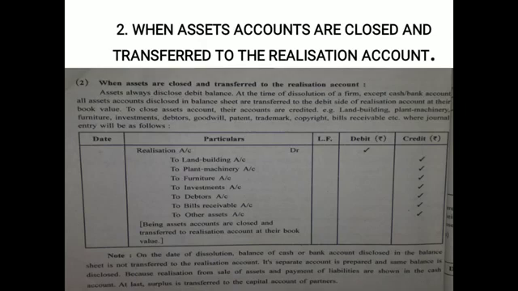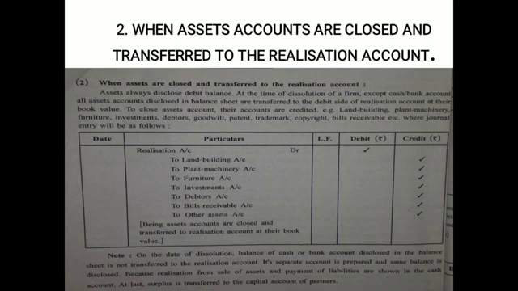Because realization from sale of assets and payment of liabilities are shown in the cash account and surplus is transferred to capital account of partners. These points we have understood in the previous lecture while I was explaining the preparation of cash and bank account.